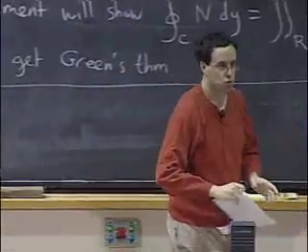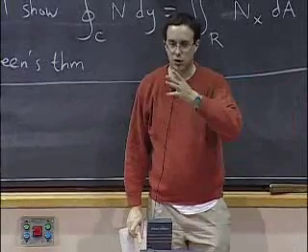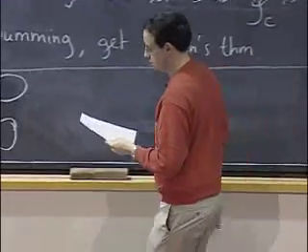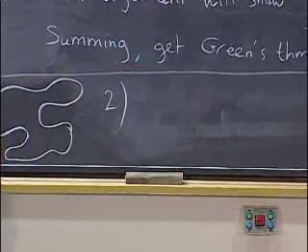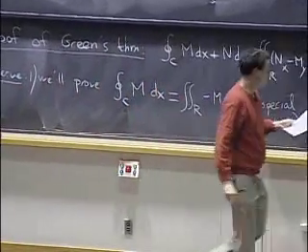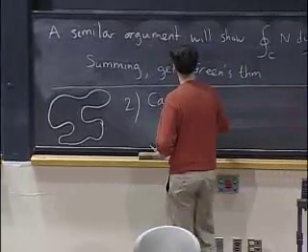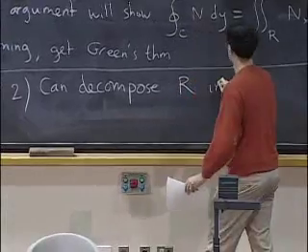So maybe we first want to look at curves that are simpler, that will actually allow us to set up the double integral easily. So the second observation, so that was the first observation. Sorry. The second observation is that we can decompose R into simpler regions.